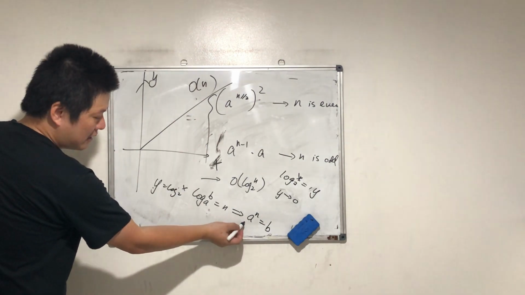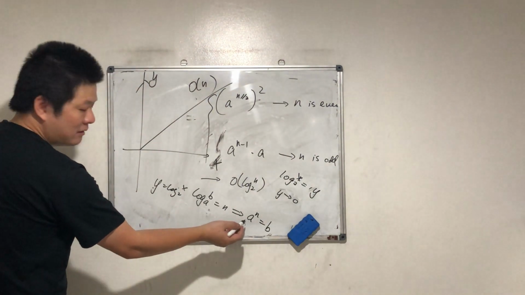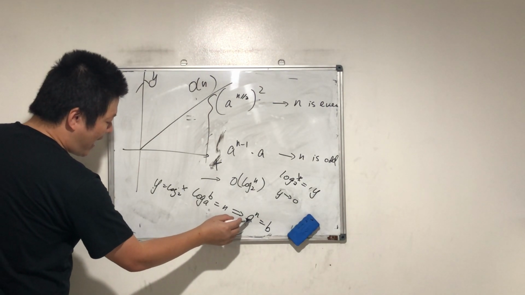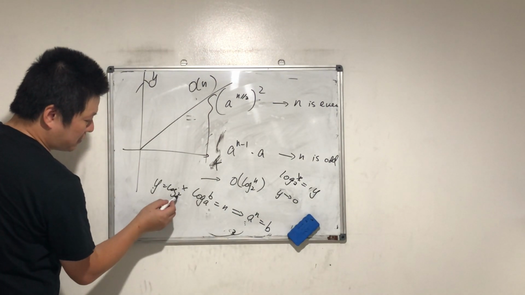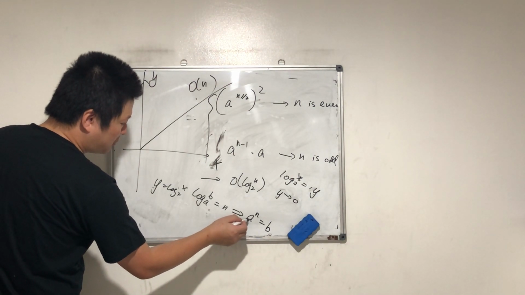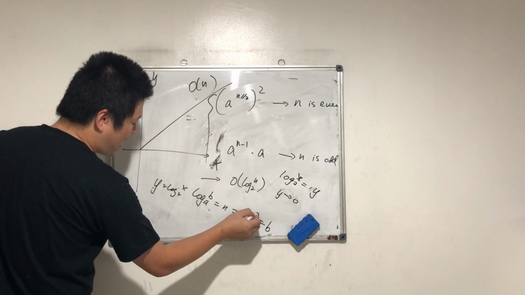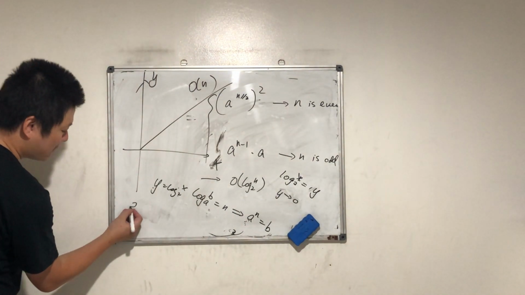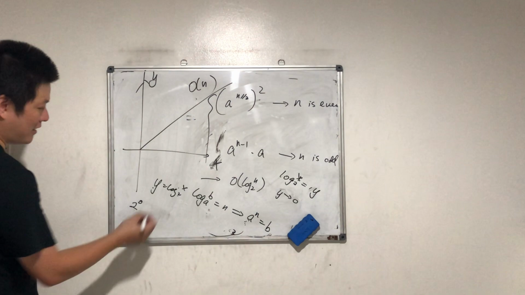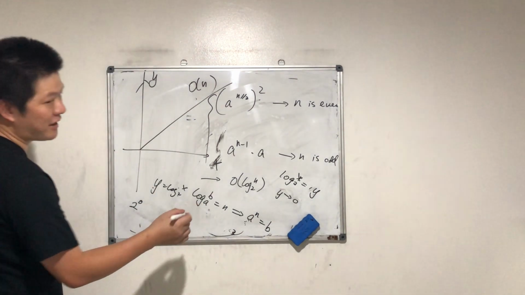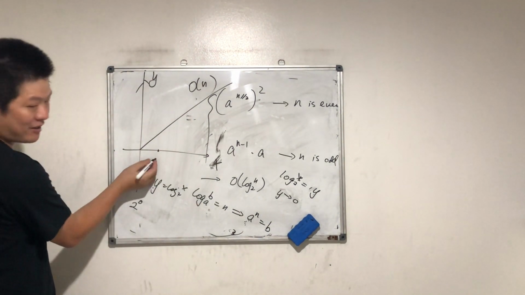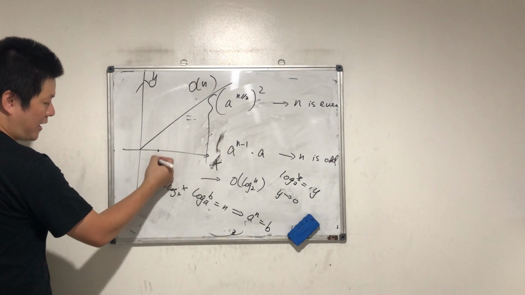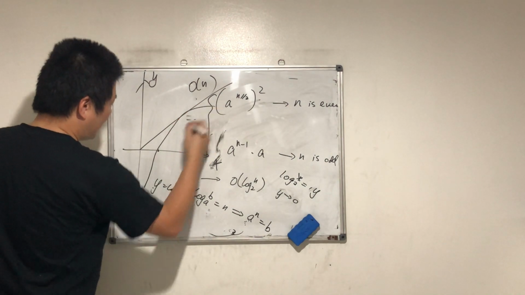Look at this, a is 2. 2 to the power of 0, what's this? 1. Okay, so when x is 1, y is 0. So it's going through here. Pay attention. And then if we draw it, it will be like that.